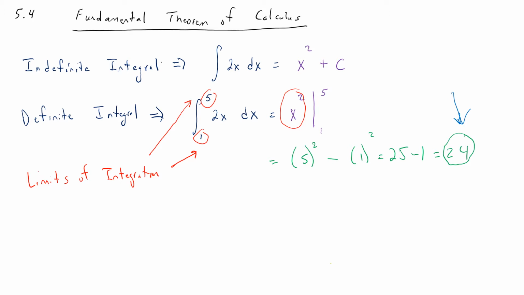The way that someone would verbally pronounce this definite integral is usually like this. They would say it out loud as the integral of 2x from 1 to 5. That's how you would say it. The 1 is the bottom limit and the 5 is the top limit. After we integrate, we always plug the top number in first, and then we minus, and then we plug the bottom number in.